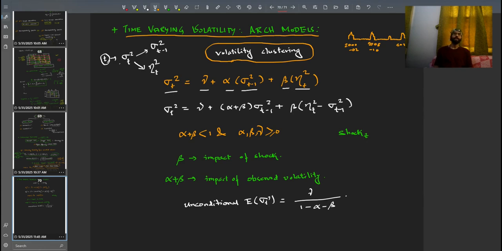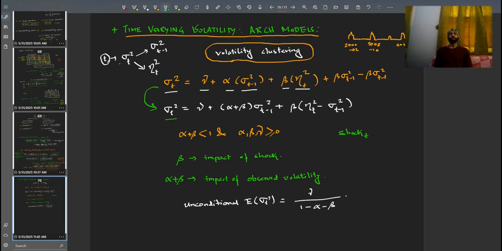This is the equation that exhibits it. And we can modify this equation a little bit. We can add beta into variance at t minus 1 and subtract beta into variance at t minus 1. Then we can rearrange the equation to give us the second line of the equation. This is what we have.